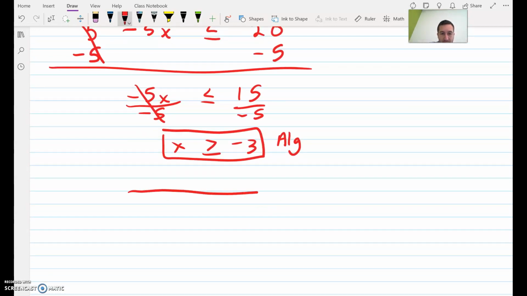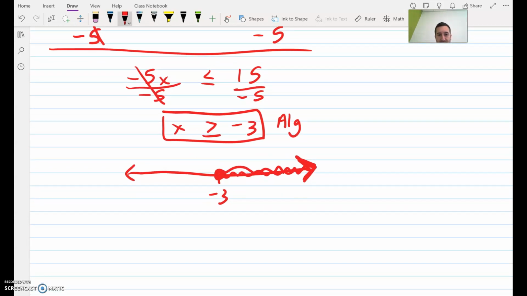We need to find the graphical version, which you guys have gotten really good at. You put the negative 3 in the middle, and it says greater than or equal to, which is a closed circle. And we go greater than, which is this direction. And so that means any answer above negative 3 would work. So how do we show that? That's the graphical version. How do we show that numerically?